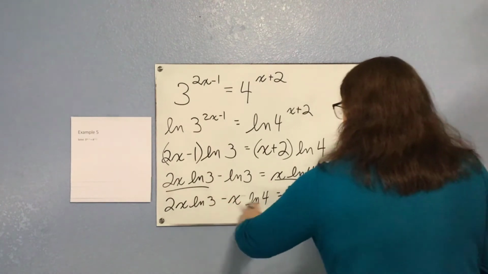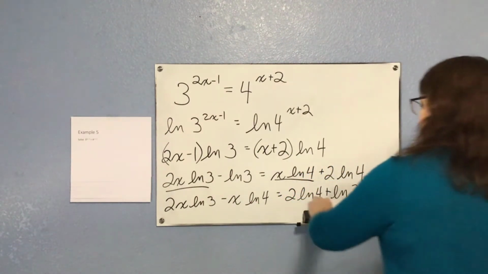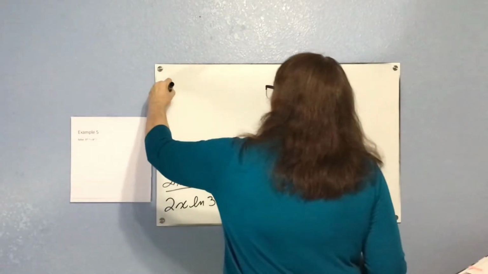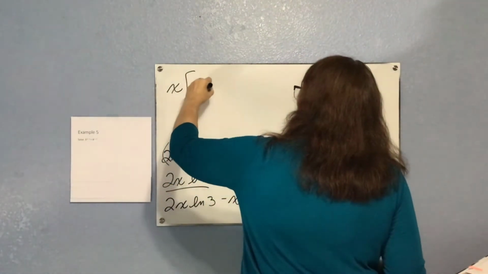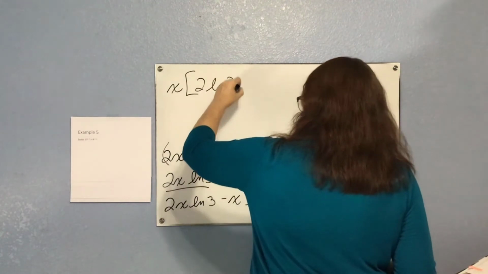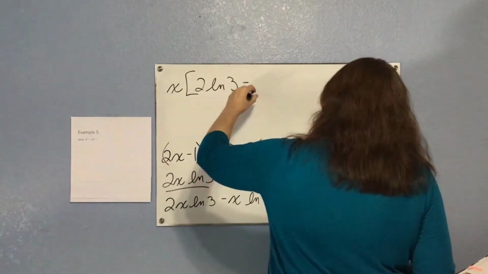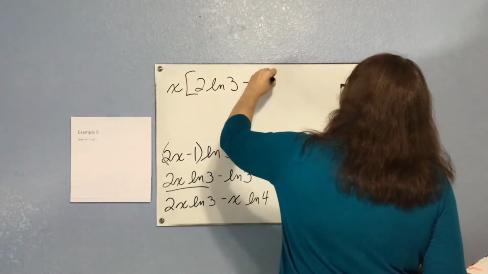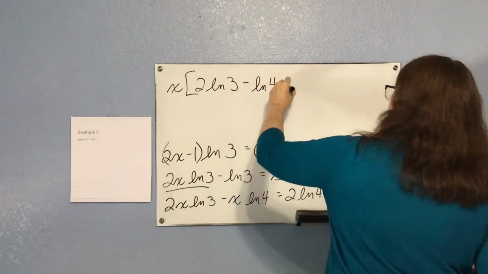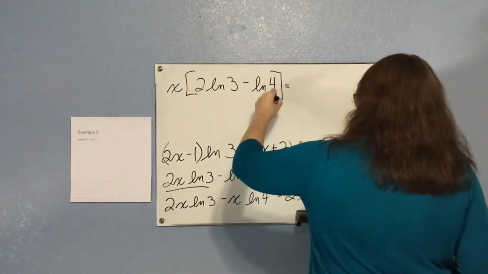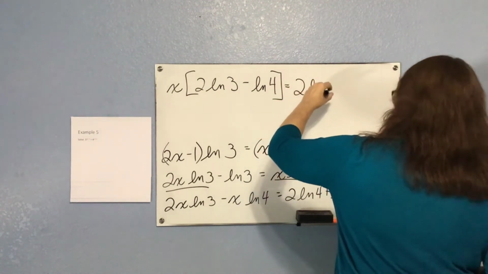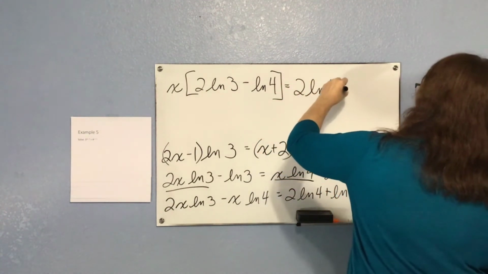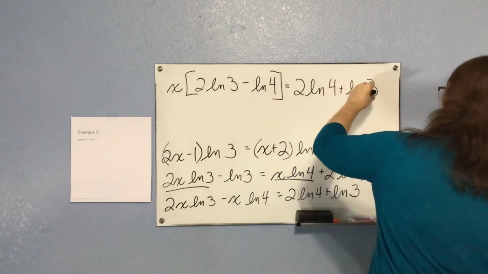Now that I have my x's together, I'm going to factor out that x. So I'm going to have x times 2 natural log of 3 minus natural log of 4 is equal to 2 natural log of 4 plus natural log of 3.